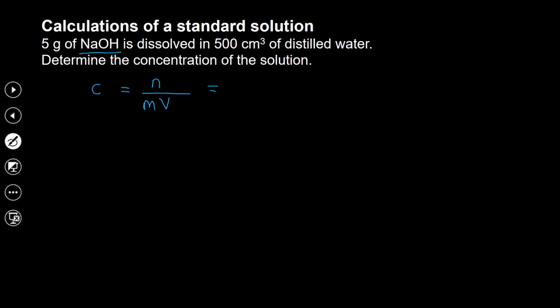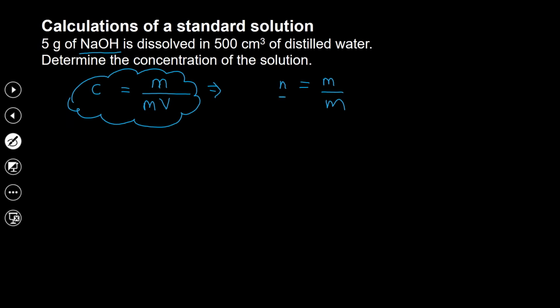So we know that the moles of this substance is, we'll say moles is equal to, actually this is the mass, okay? The moles is equal to mass over molar mass. So this formula essentially takes into account the fact that we would already have determined the moles.